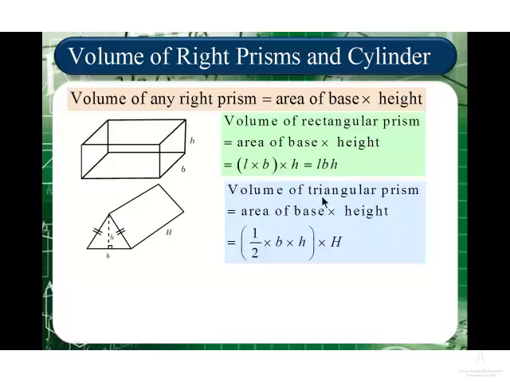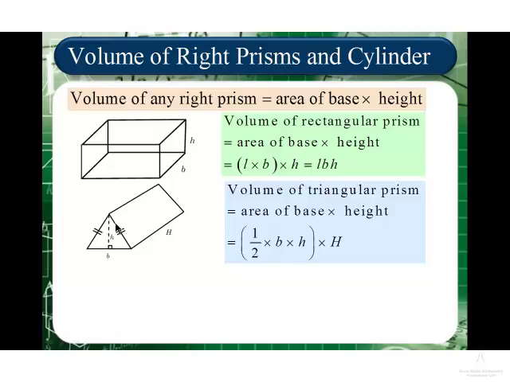If you consider, however, the triangular prism, in this case the triangular prism lies on its side, and the distance between the triangular base and the top is represented by capital H, so we refer to this as the height. And looking at the base as such, we need to find the area of the base, and in this case if we look at this base as being an isosceles triangle, with the two side lengths equal, we drop a perpendicular from the vertex onto the opposite side of this base, and we have the base length small b.